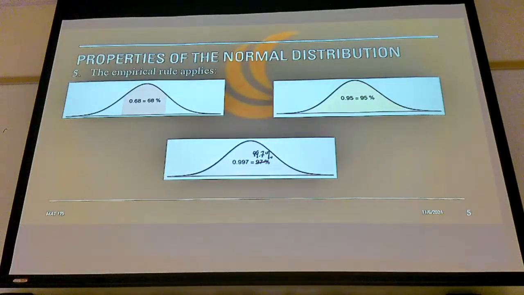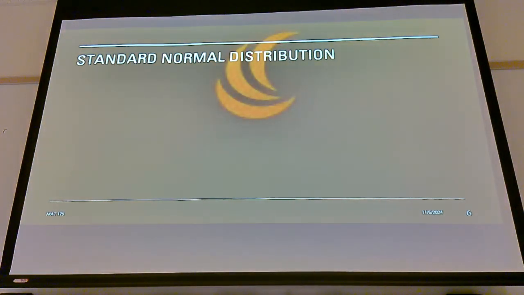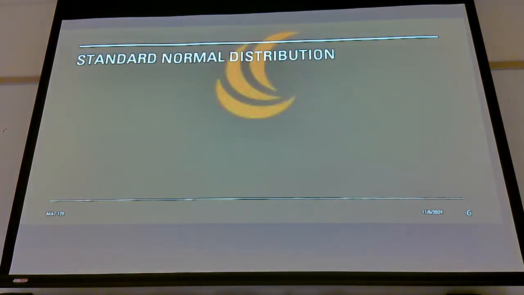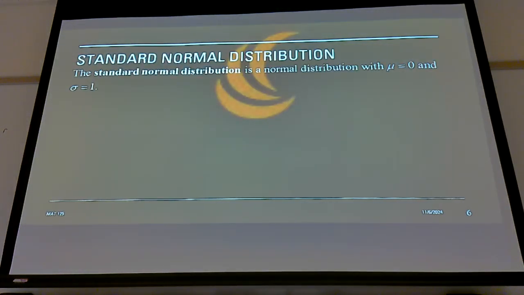There is a special type of normal distribution. We call it the standard normal. Standard normal is a normal distribution in which the mean is 0 and the standard deviation is 1.